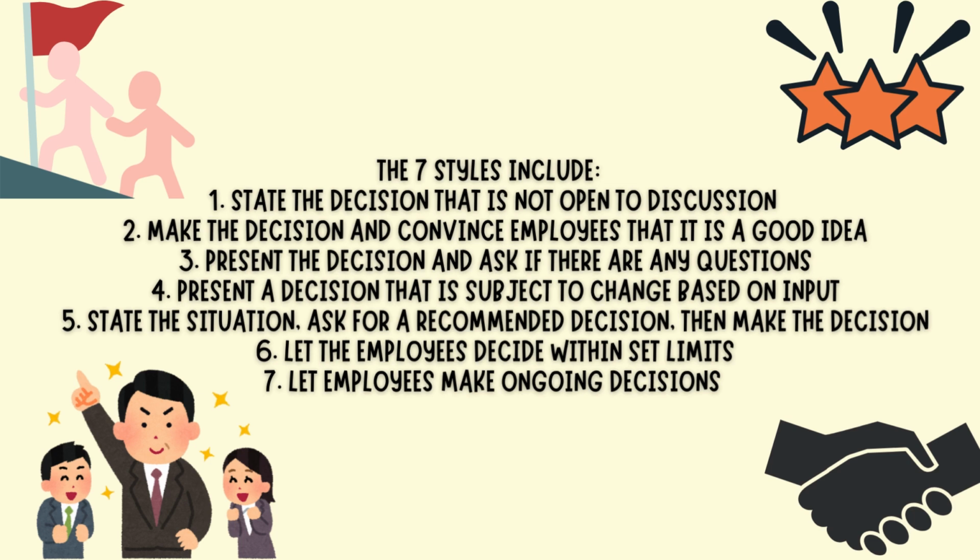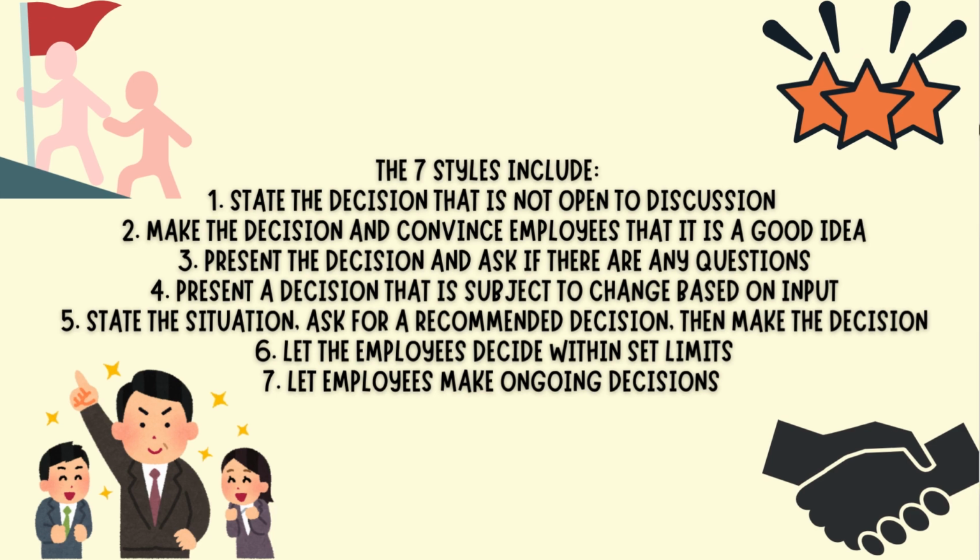Third, present the decision and ask if there are any questions. Fourth, present a decision that is subject to change based on input. 5, state the situation, ask for a recommended decision, then make the decision. 6, let the employee decide within set limits. And 7, let the employees make ongoing decisions.